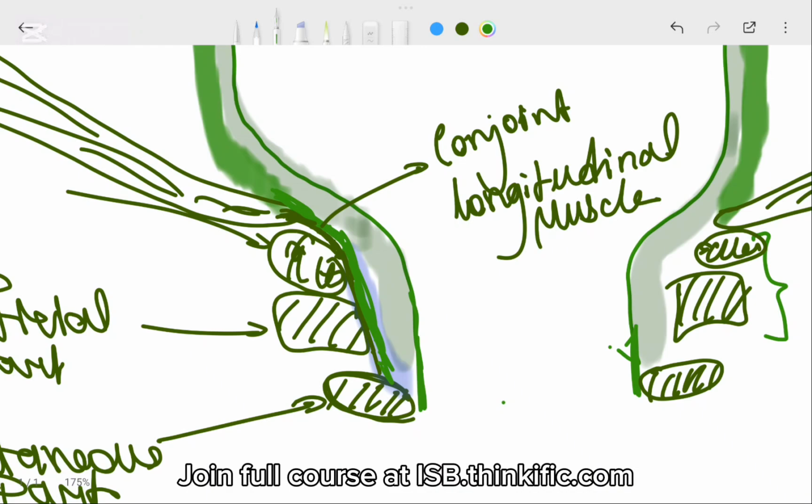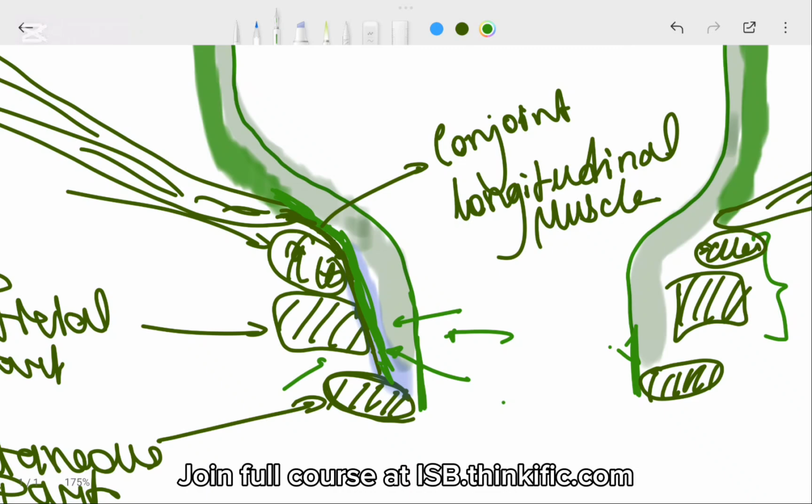So in order, from the mucosa side, moving deep, we have mucosa, then submucosa, then internal sphincter, then the intersphincteric plane containing the conjoint longitudinal muscle, and then the external sphincter complex. Outside that is called ischioanal fossa. We'll talk about it later. Okay.